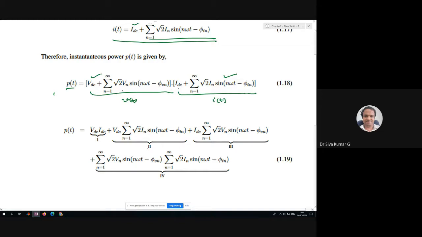This is the third equation. Next is the fourth: the AC voltage is multiplied with the AC currents, all the harmonic currents.